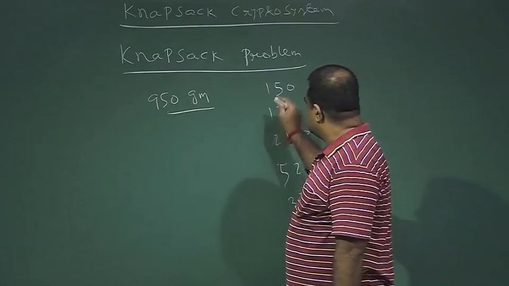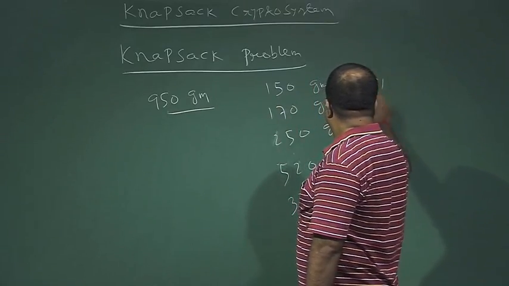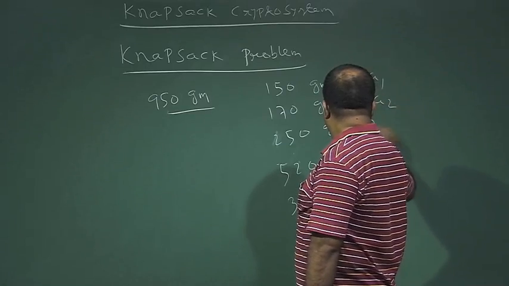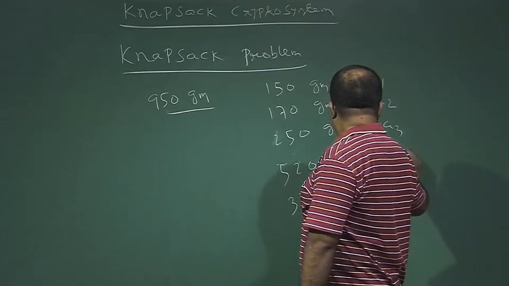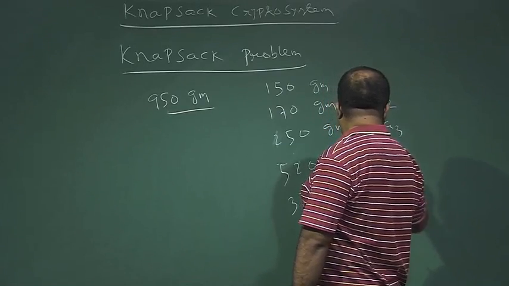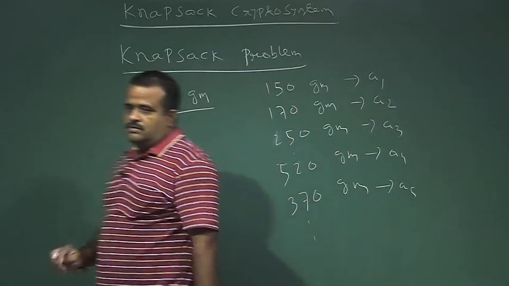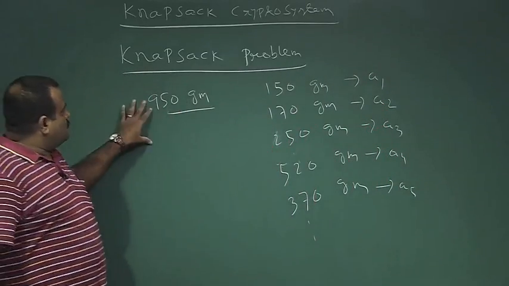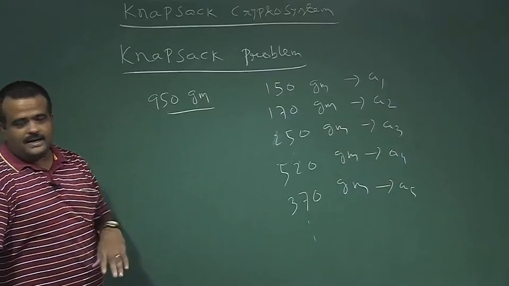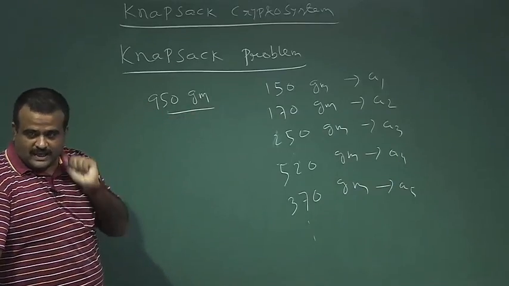So these are the apples. We denote them by A1, A2, A3, A4, A5, and so on. Your target is to buy 950 grams of apples in total, exactly.